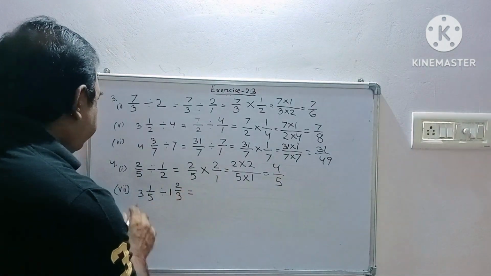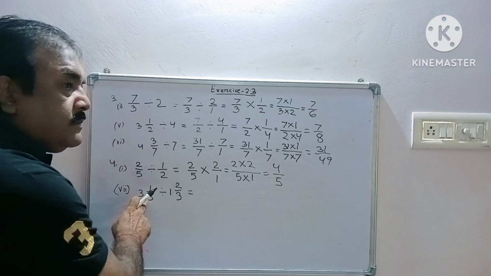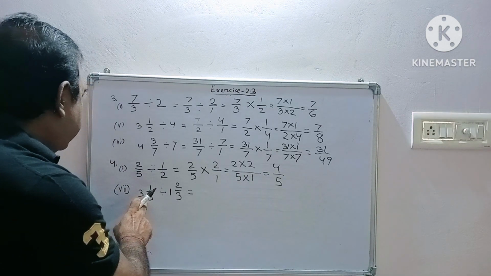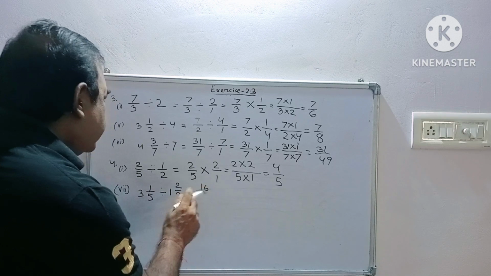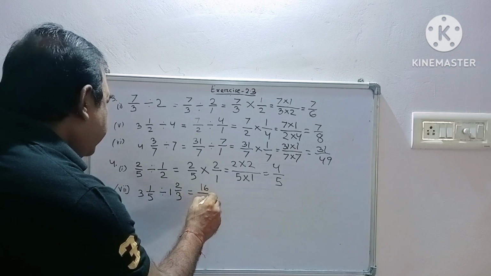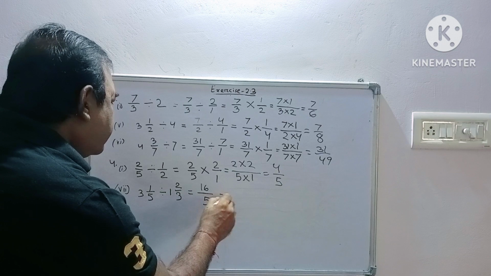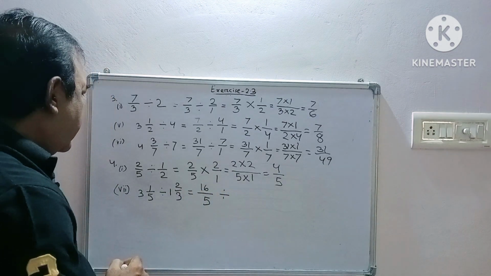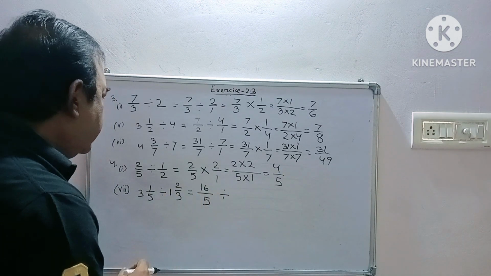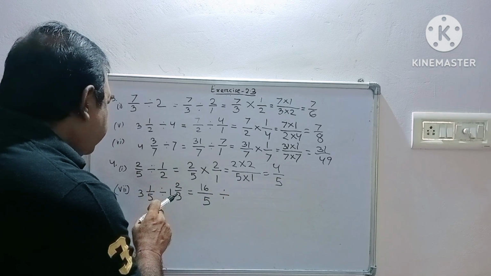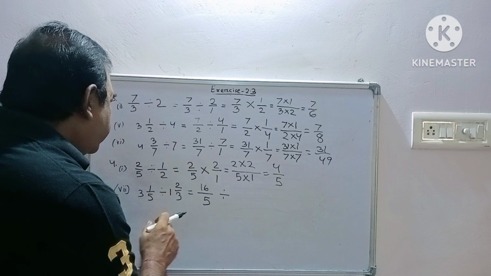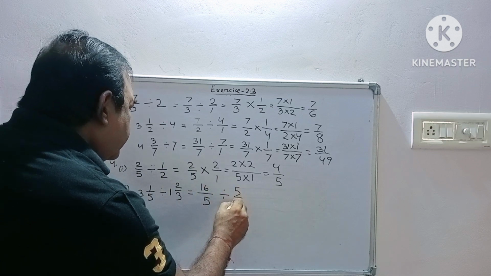So you do like this. 3 5s are 15. So 15 plus 1, that is 16. You place it in the place of the numerator, 16 upon 5. And you give the symbol of division. 1 3 is 3 plus 2, that is 5 upon 3.